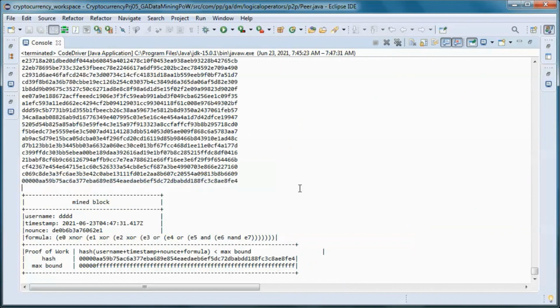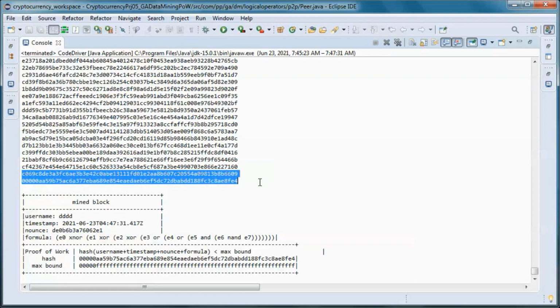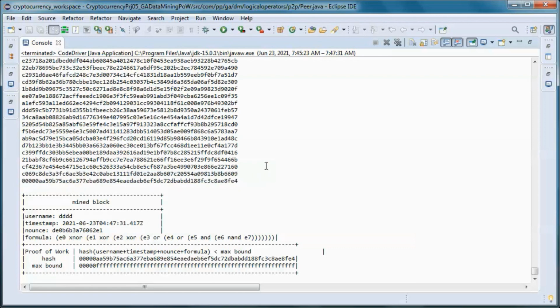Now hashing is taking a string of any length as input and producing a fixed length output. And here we are using SHA-256, the one used by Bitcoin, and it produces a 256-bit hash. And since we are displaying in base 16, we end up with 64 characters.